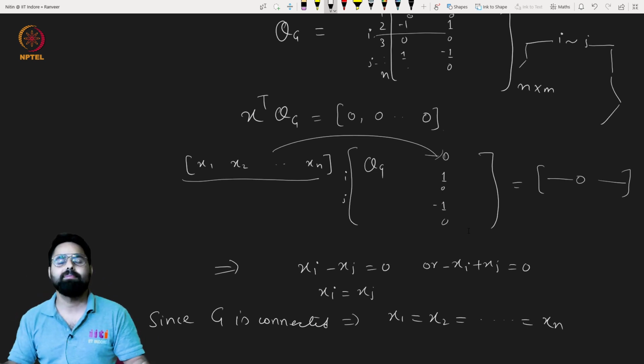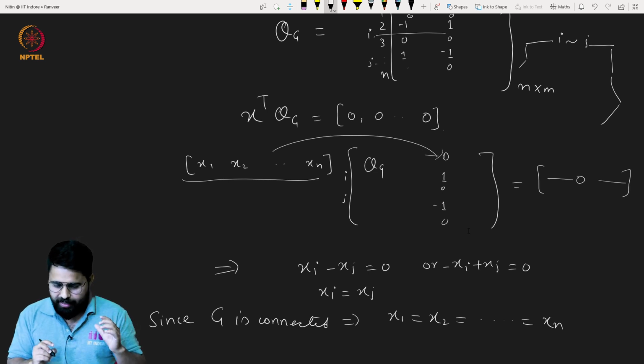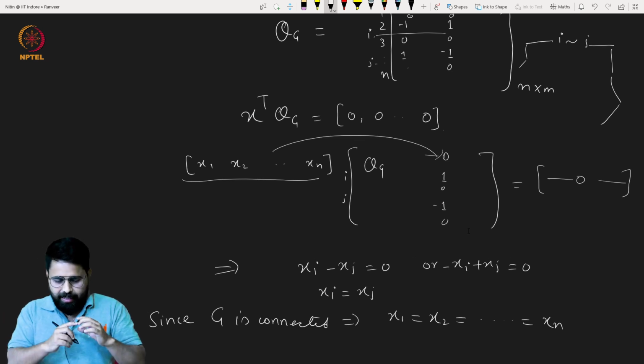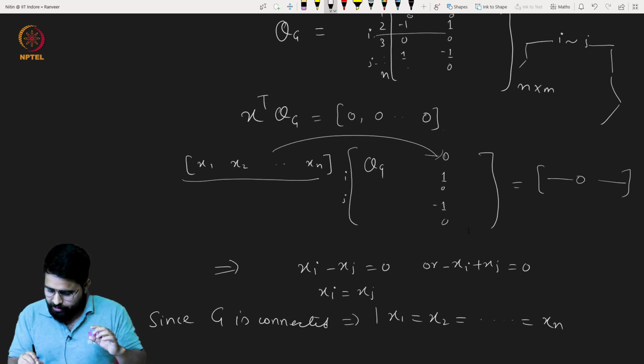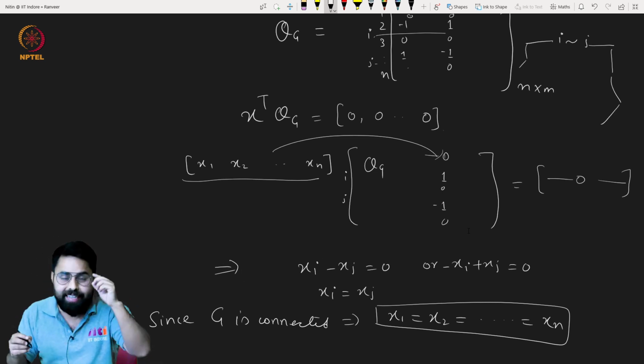So basically the structure of x, whatever is in the null space, all these vectors have all the coefficients, or entries, the same, right?